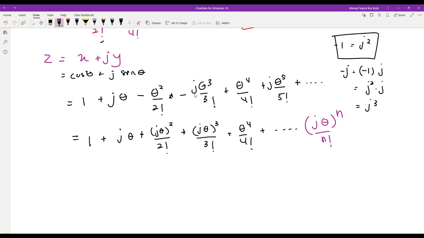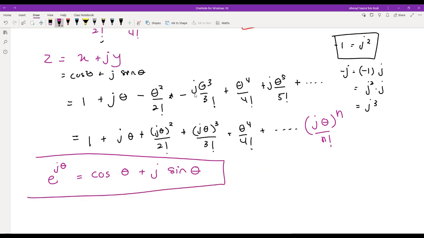To cut it short, the value will be the exponential j theta. So exponential j theta is equal to cos theta plus j sin theta. This will be another equation that you need to remember.